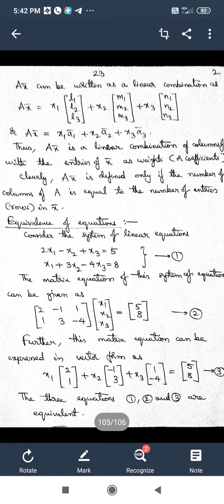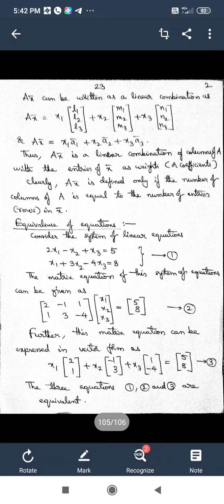So let us understand the relation among these three models: the system of linear equations, the matrix equation, and the linear combination.